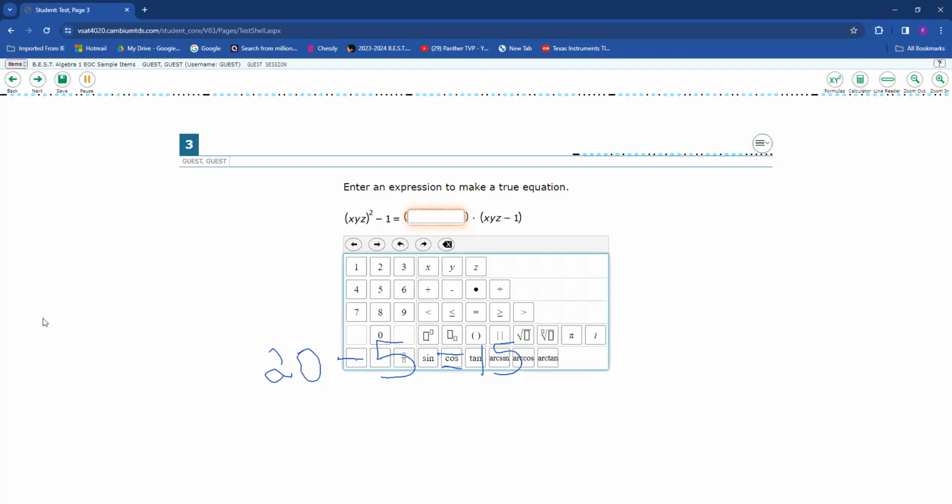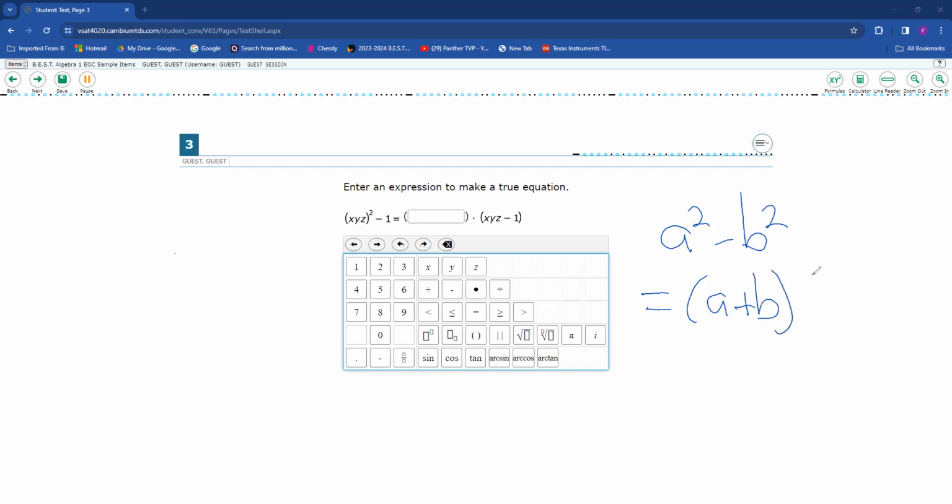Okay, so now this is the difference of squares, which says that A squared minus B squared is equal to A plus B times A minus B. So if we see this pattern and realize that XYZ is A and 1 is B, if 1 is B, B squared is also 1.